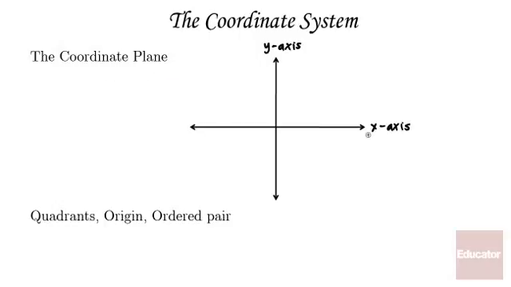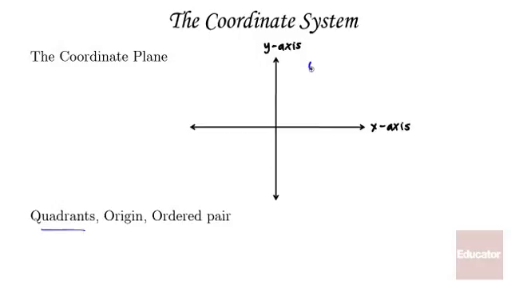Now these axes, the x-axis and the y-axis, break the coordinate plane into four sections, right? So 1, 2, 3, 4. Those four sections are called quadrants. The first quadrant is this space right here.